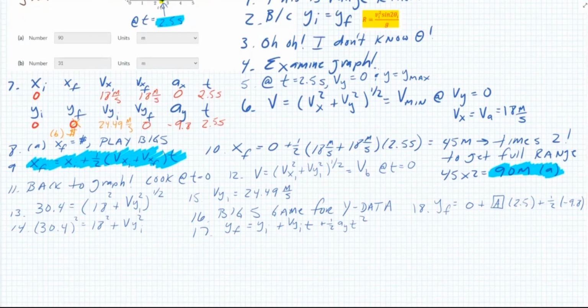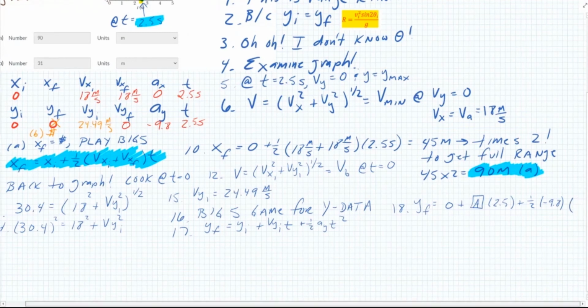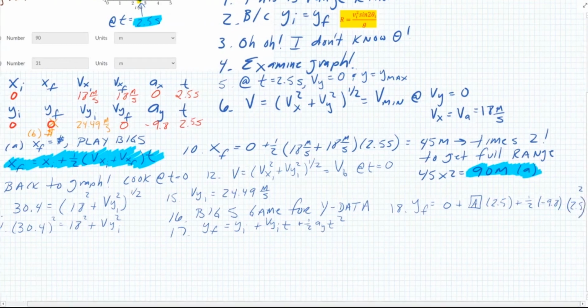And I've got to give it t squared. Okay, here. Times t squared, which is 2.5 seconds squared. Okay, just creeping over. That's it.